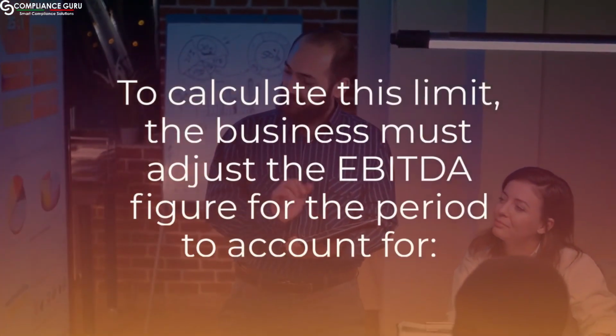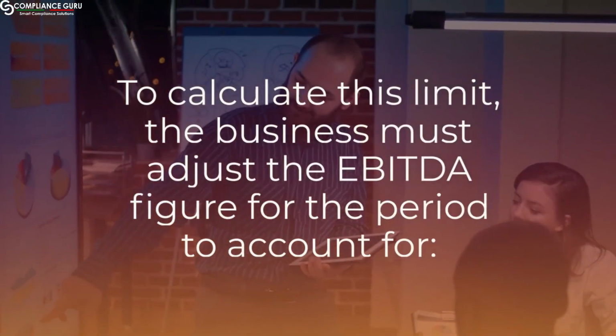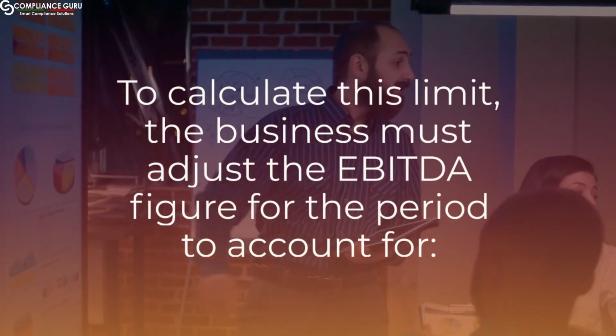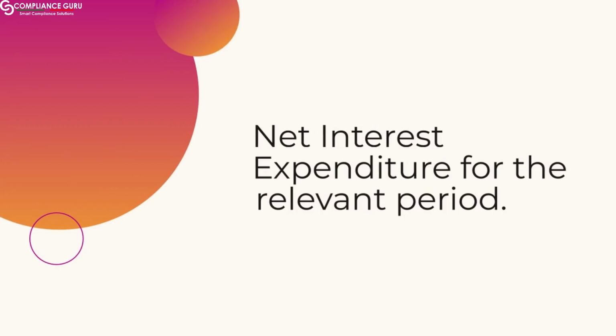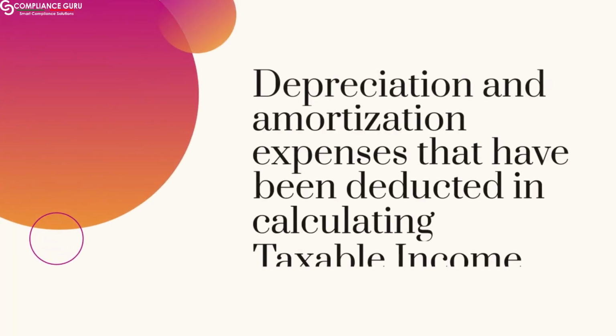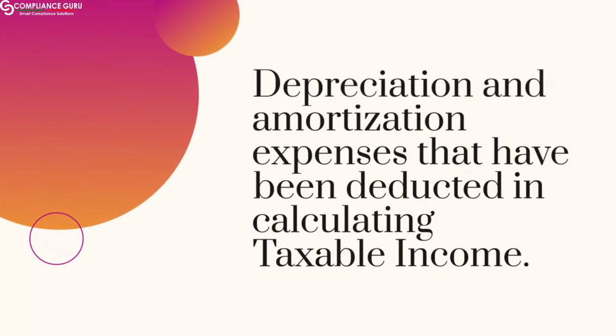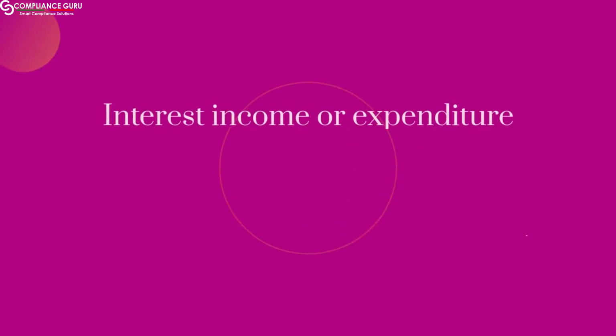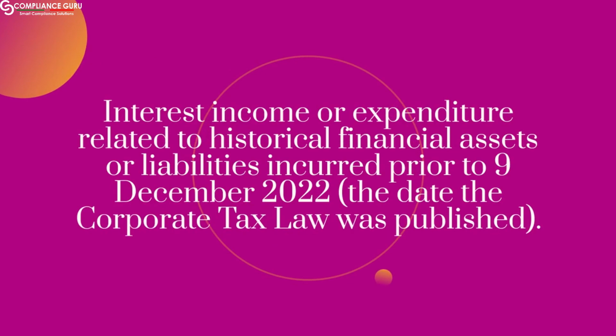To calculate this limit, the business must adjust the EBITDA figure for the period to account for net interest expenditure for the relevant period, depreciation and amortization expenses that have been deducted in calculating taxable income, interest income or expenditure related to historical financial assets or liabilities incurred prior to 9th December 2022, the date the corporate tax law was published.